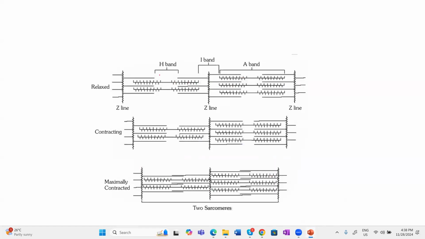See this diagram? This is the H zone. Please analyze it. Clear? We have taken the diagram of two sarcomeres. In two sarcomeres there are three Z lines. Clear? And slowly, what is going on? We assume the middle one is not moving, check in the diagram, and only the corner ones are moving.